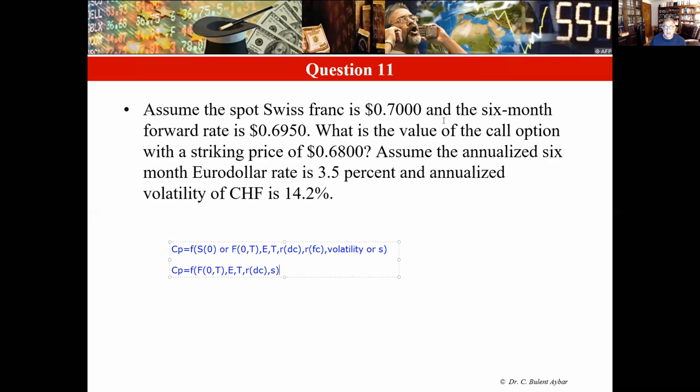So T is 6 months or 0.5 year. Domestic interest rate is 3.5%, and the volatility is 14.2%. Okay, so we have all the data to calculate the option price. All we need to do is just plug them into the model.